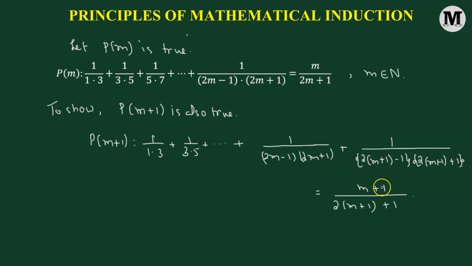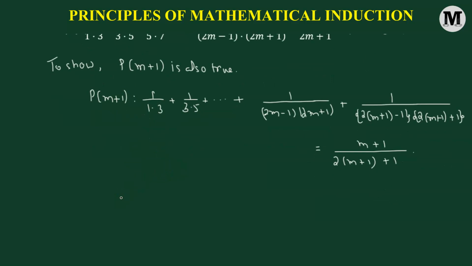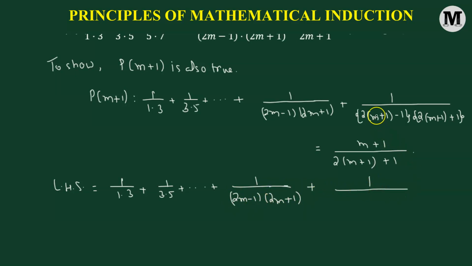Now, how do we show that this is true? We'll start with the left hand side of P of m plus 1. So let's write down: we have 1 over 1 times 3, added to 1 over 3 times 5, going all the way up to 1 over 2m minus 1 multiplied by 2m plus 1, added to 1 over, once we simplify this, 2 times m plus 1 minus 1, which is 2m plus 1, multiplied by 2 times m plus 3.